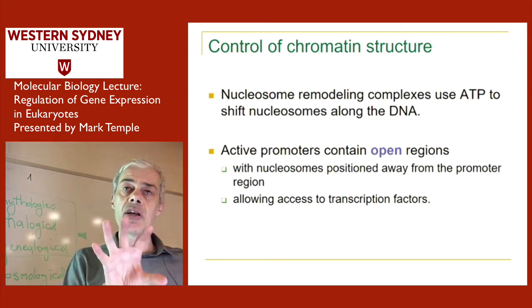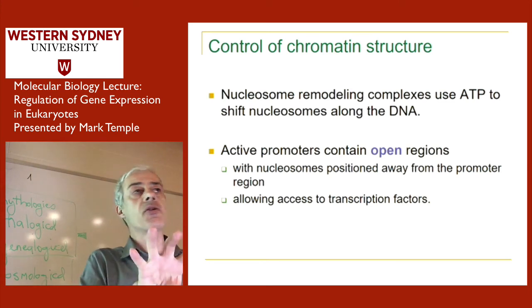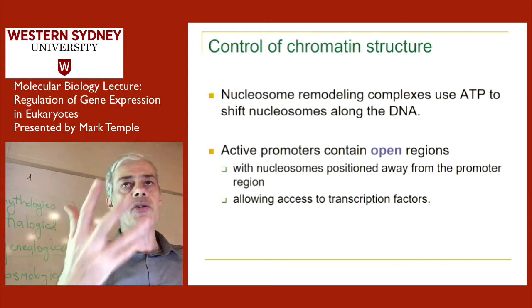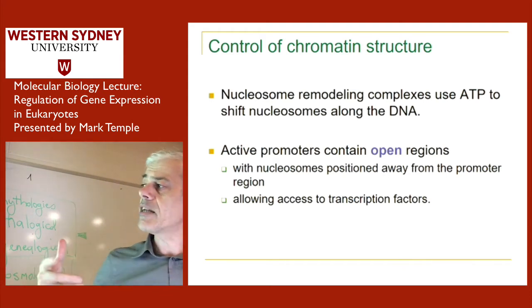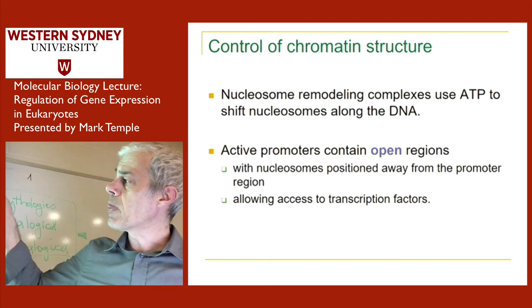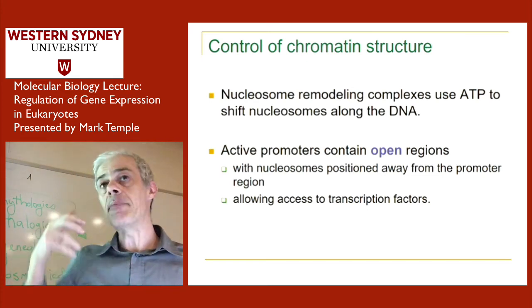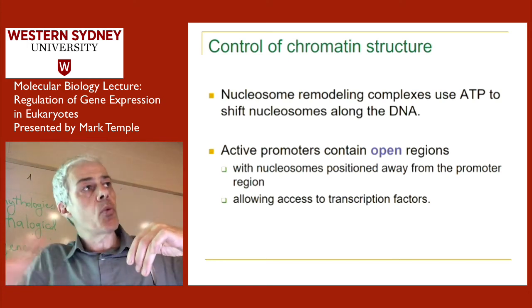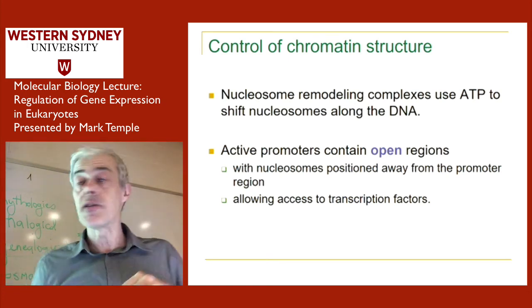So it's like a goods train stuck on the tracks. You can just shunt it away and move it away from the station so you can access the station. That sort of thing. So there are mechanisms in the cell that have been uncovered that include the hydrolysis of ATP providing energy to shunt these nucleosomes and sort of wind them away out of the promoter regions of genes.